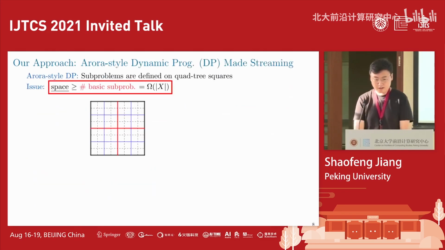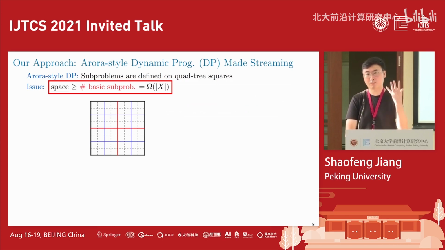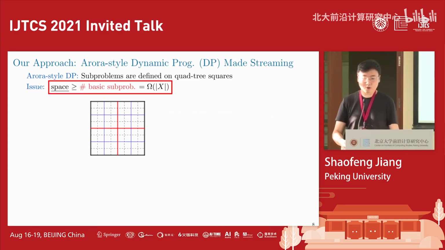So our approach is somewhat non-standard in the streaming setting because we use a dynamic program. When you think about dynamic programs, usually the biggest problem is that you have a large number of basic subproblems. For this Steiner forest, as I mentioned, in Euclidean space in the offline setting, there was a PTAS. And in that PTAS, they use the Arora-style dynamic program, where you divide the whole space into quadtrees, recursively divided into squares.